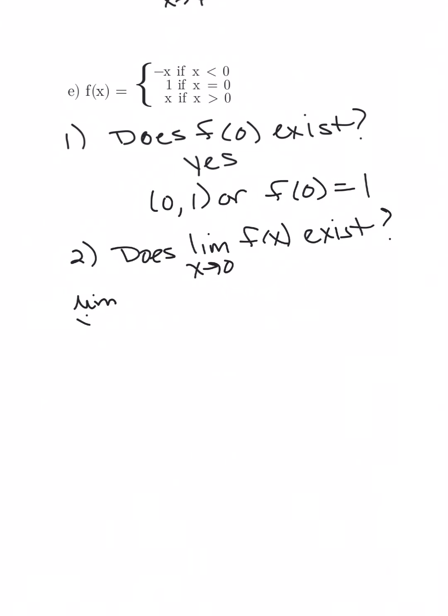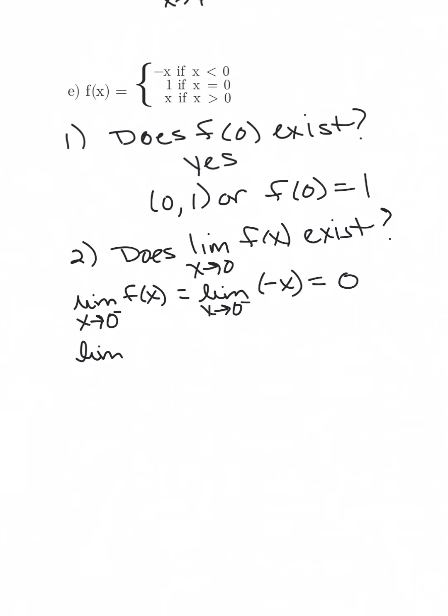So the limit as we approach 0 from the left of this function means items that are less than 0. The items that are less than 0 go with the function negative x. And if you put 0 in for x there, you just get 0.